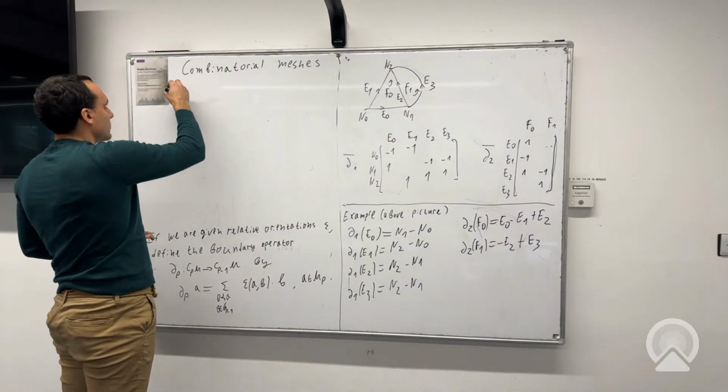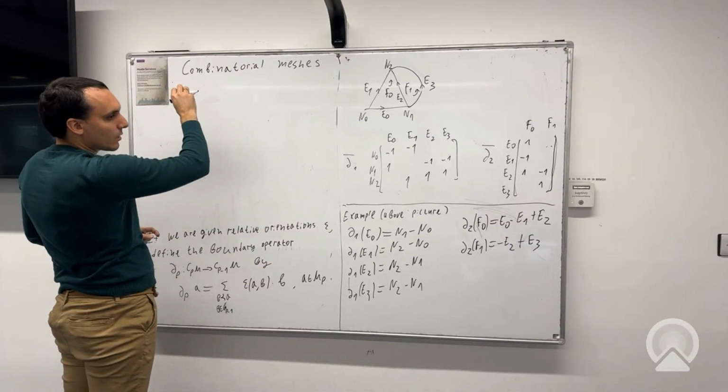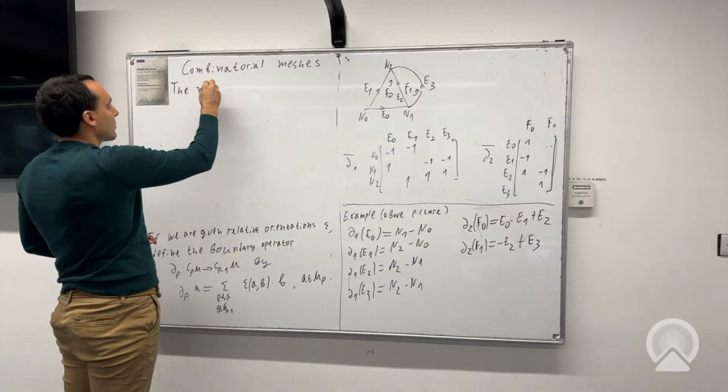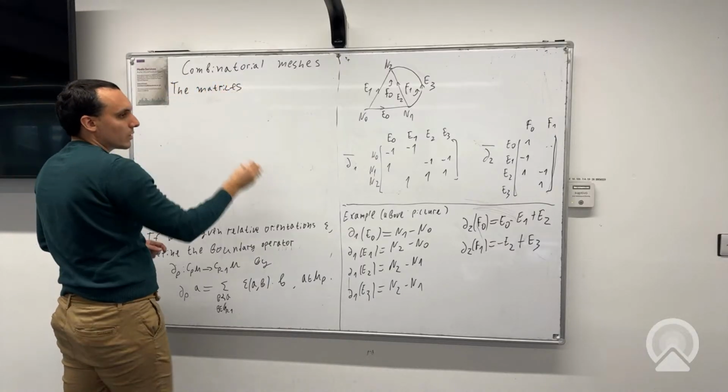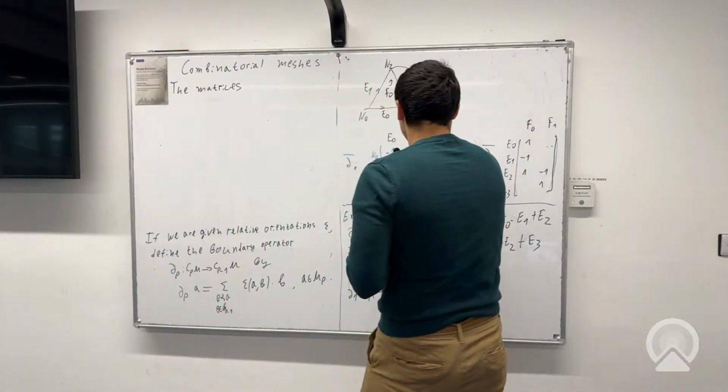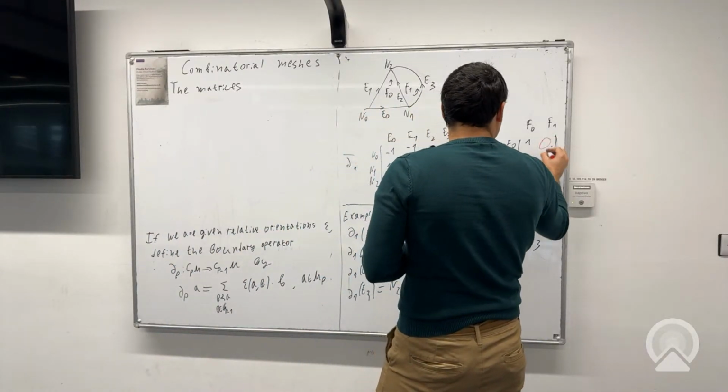So the matrices, so we have zeros here. I'll put this in red: 0, 0, 0, 0.